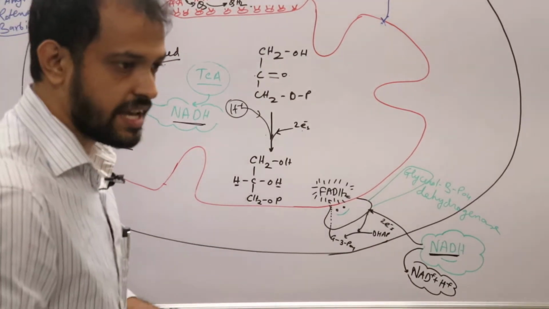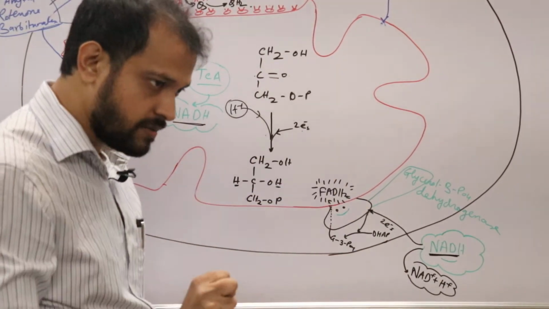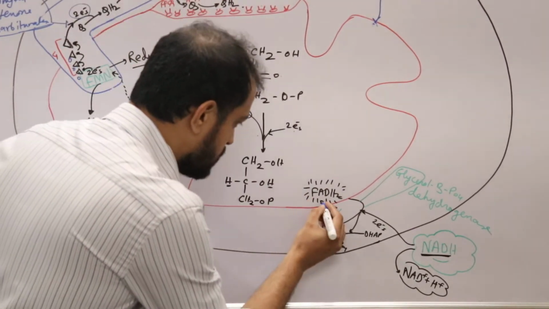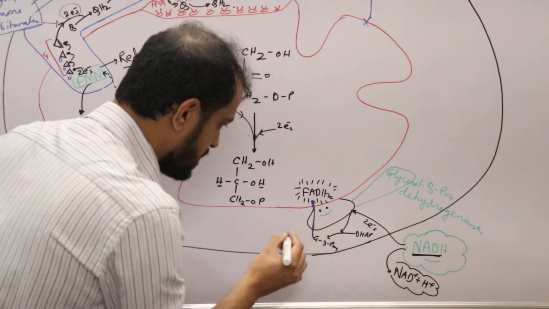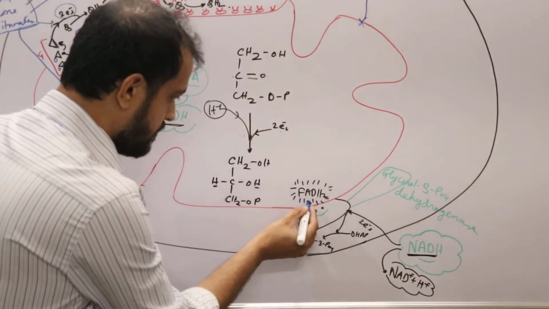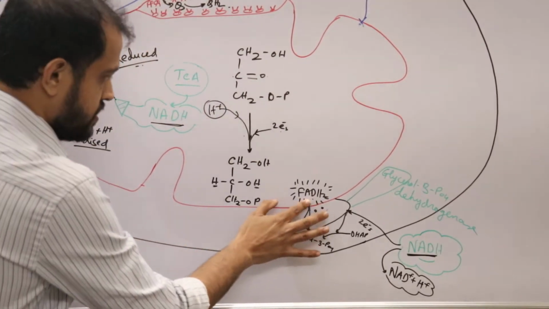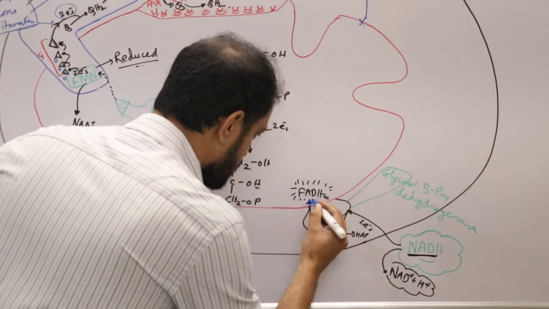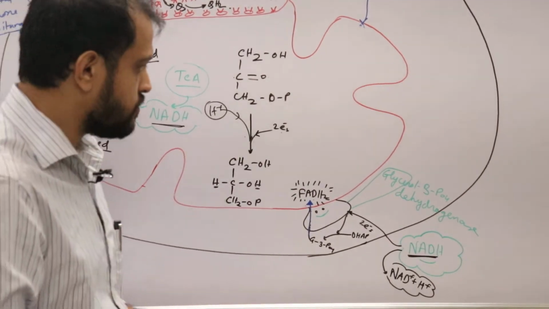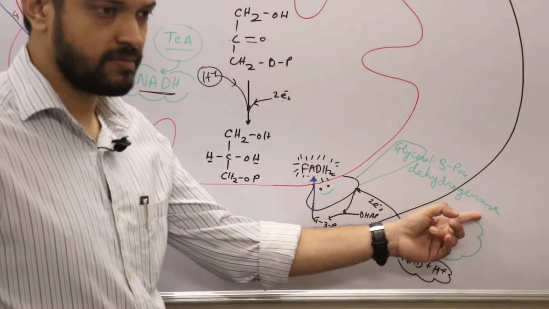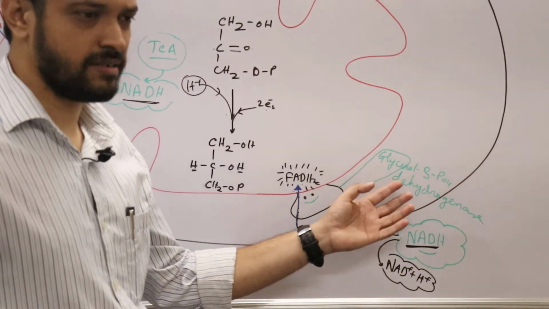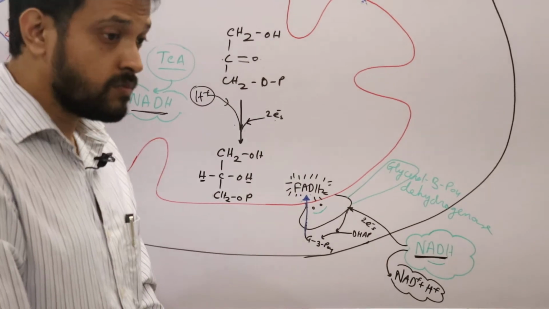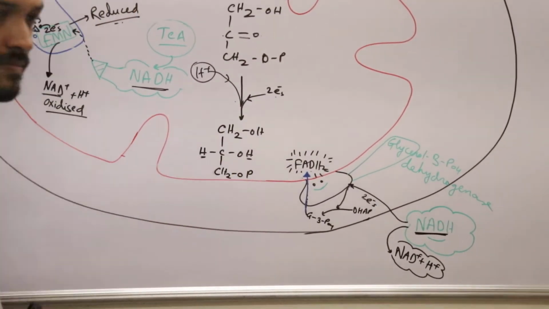And dehydrogenase actually takes up hydrogen, and this hydrogen will be taken up by FADH2. We already know that whenever dehydrogenase type of enzymes are activated, FADH2 or NADH should be there to take up the hydrogen. So they are doing it, right?